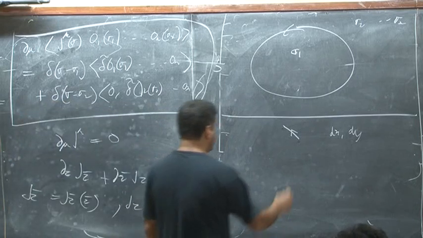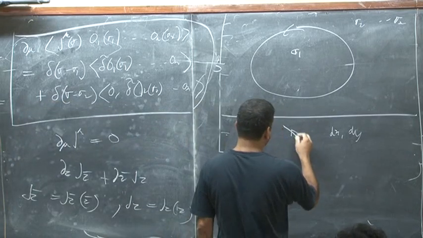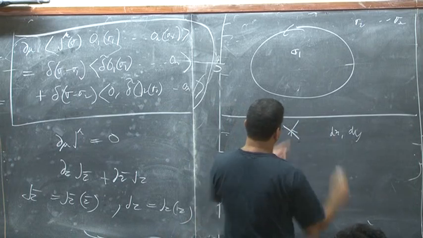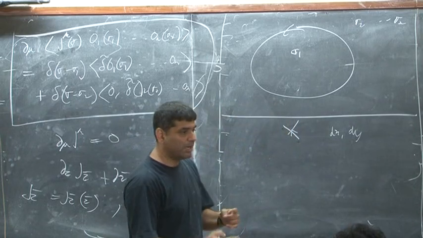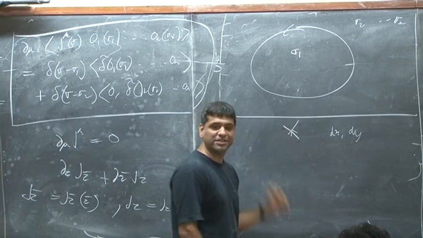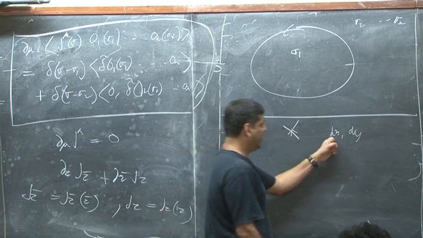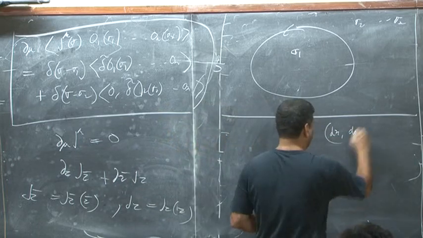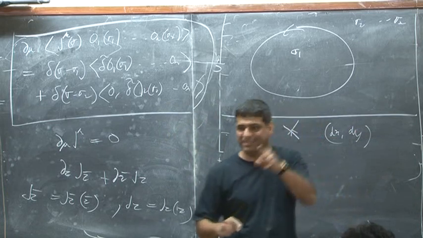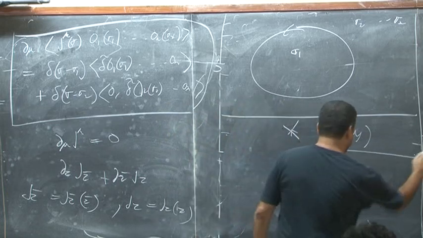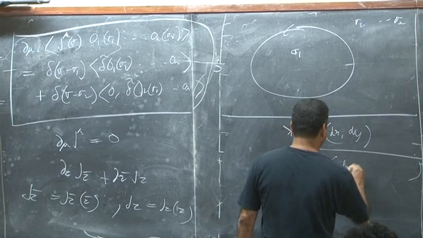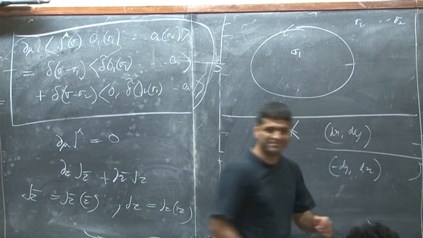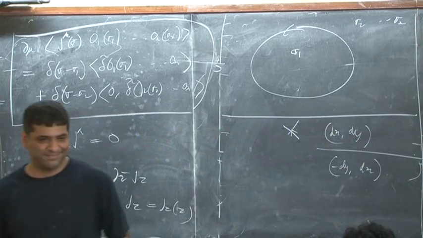Okay. Now, I want to know what component of J lies normal to this region. Clearly, the normal direction to this little vector, which is dx dy, is the vector minus dy dx. You know, that's the normal direction.